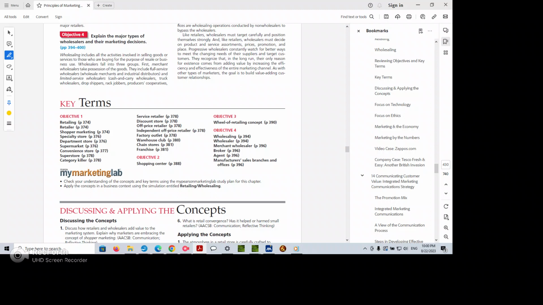Project number 2 is the shopping center. Project number 3, wheel of retailing concept. Objective 4, wholesaling, wholesaler, merchant wholesaler, broker, agent, and manufacturer sales branches and offices.